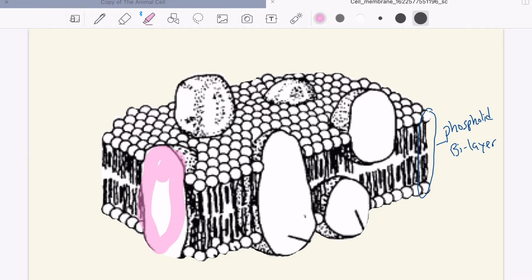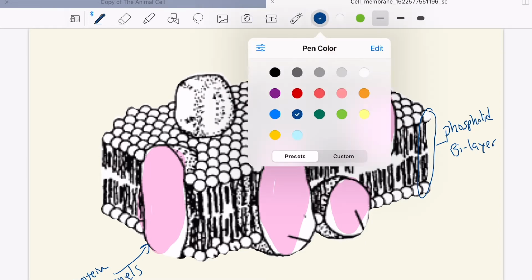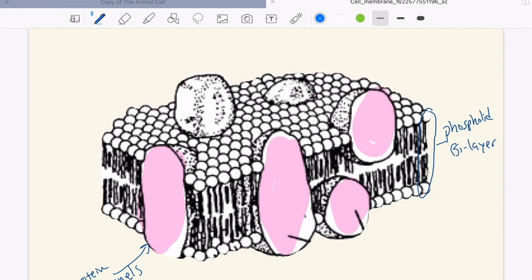These objects are called protein channels. Let's label 1, protein channels. I erased my carbohydrate chain, but this Y-shaped looking structure is a carbohydrate chain.